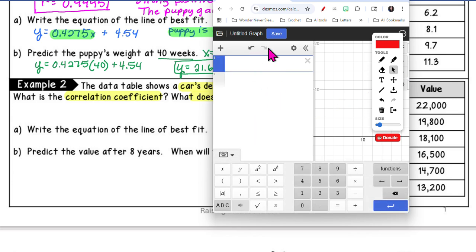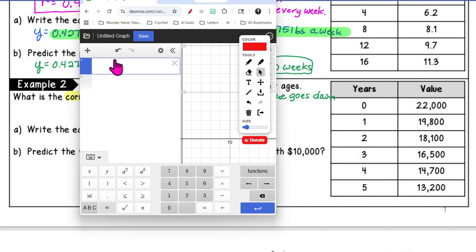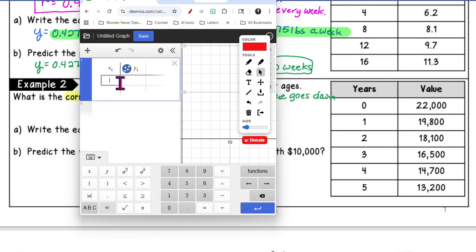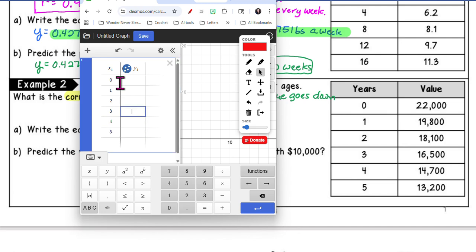Okay, so our car. I'm going to hit plus here, and I'm going to pick the table. So our car, when we first bought it, we paid $22,000 for it. But as time goes on, it is going down in number.